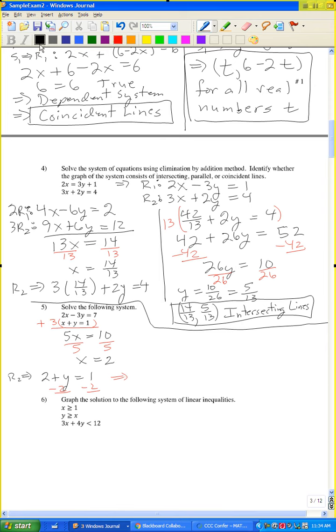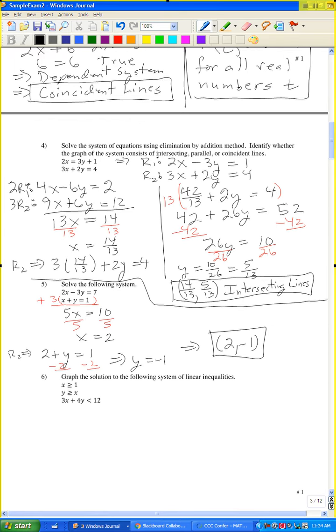And so y is equal to negative 1. So my solution is (2, negative 1). Of course, this is a consistent system. These are intersecting lines. But they just asked to solve, so I don't need to do that. Let me do problem number 6.